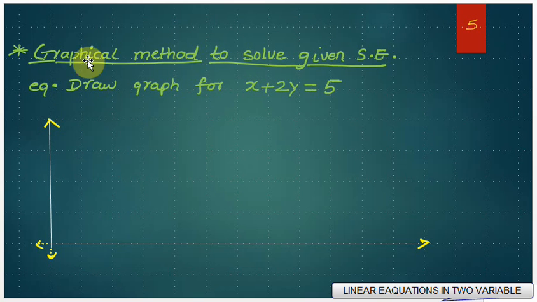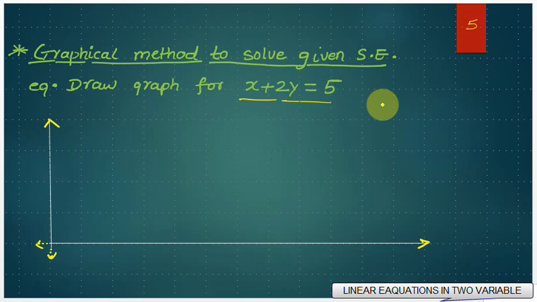Now, to solve these equations by using the graphical method, we have to keep some concepts in mind. First, how to draw the graph for the given line. So, take one example: x plus 2y is equal to 5.